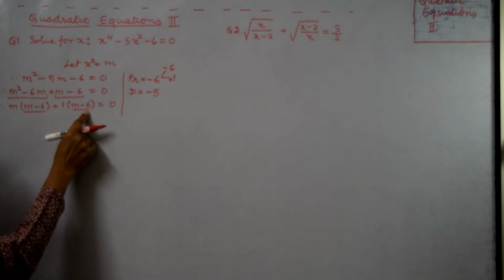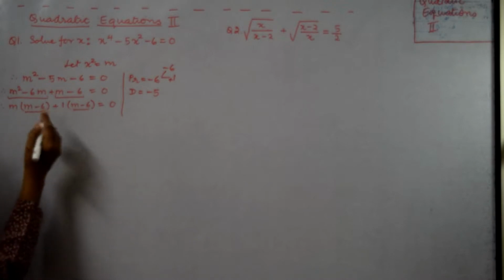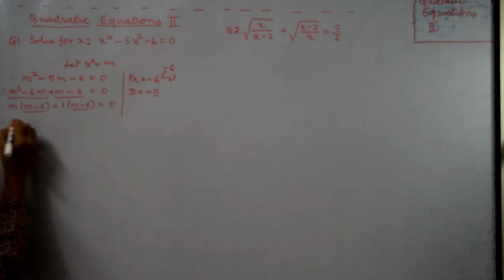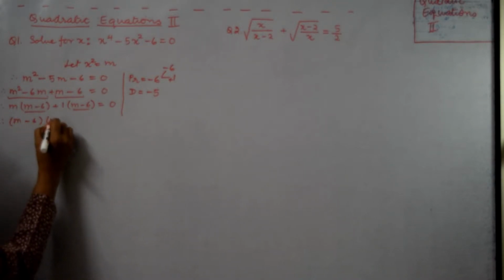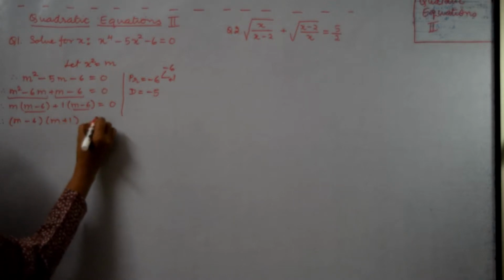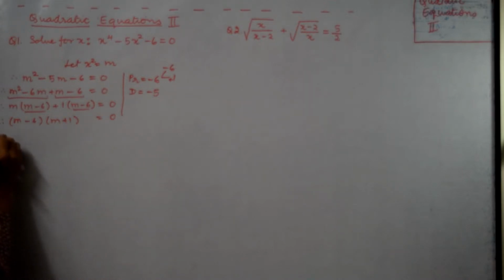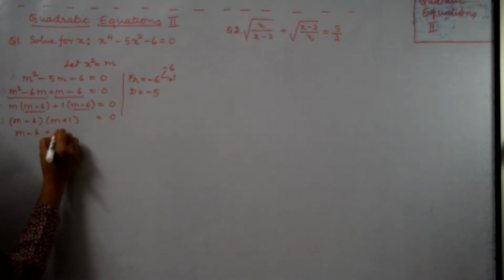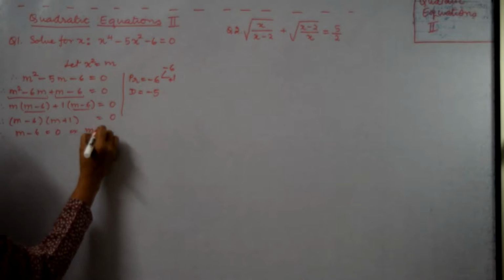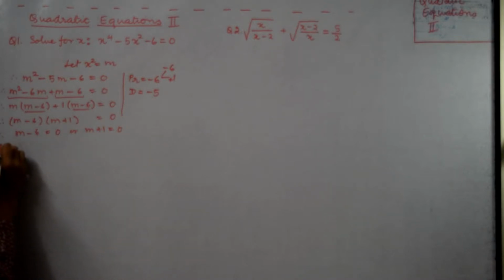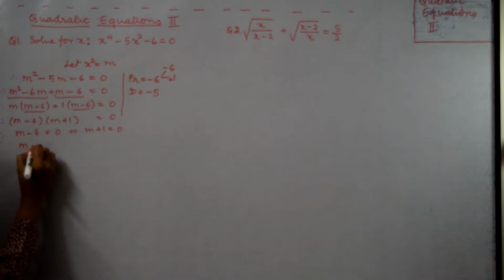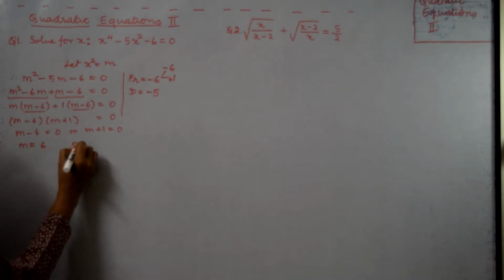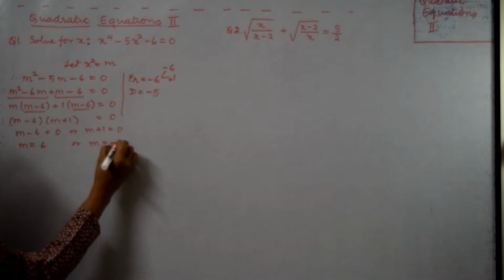These are common factors here between these two terms. So you will have therefore m minus 6 into m plus 1, and that is equal to 0. Therefore you will say m minus 6 equal to 0 or m plus 1 equal to 0, and that will give me m equal to 6 or m equal to minus 1.